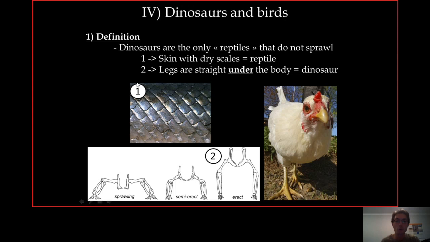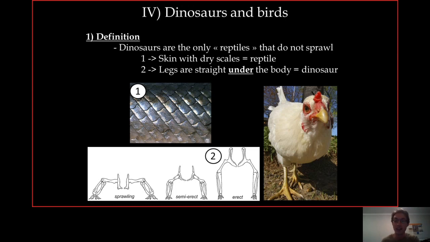And you need to have legs that are straight under the body. That's what I told you in the previous video. So legs that are straight under the body is the characteristic of dinosaurs. So dinosaurs are the reptiles that walk upright on their legs.